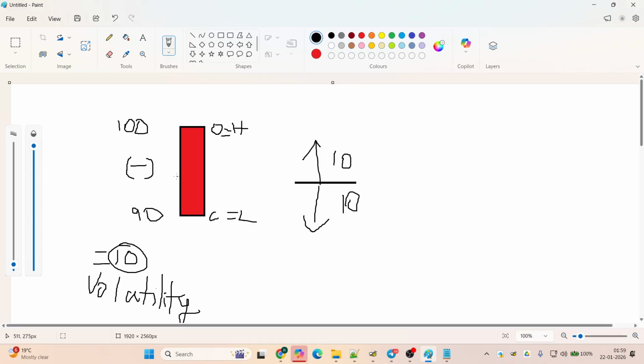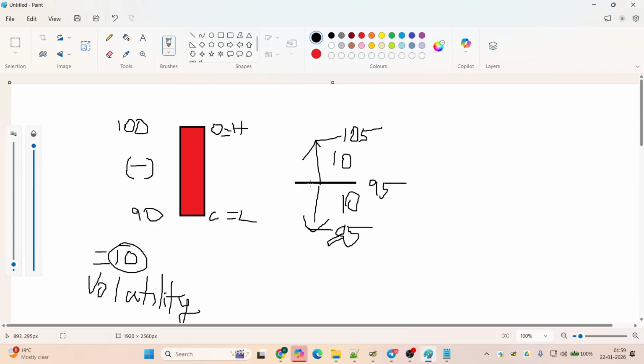Since this is closed at 90, now assume that this opens at, say, 95. Based on this 10 volatility of the previous candle, this price can be 105, or this price can be 85. Okay guys, so this is what volatility actually indicates.